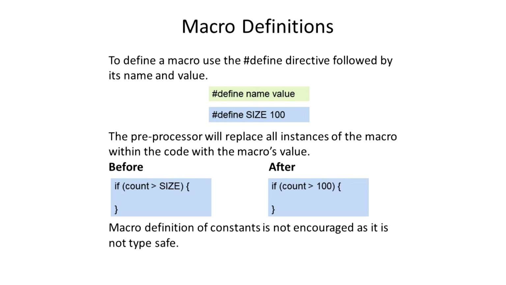This happens after the pre-processing, the processing of the macro, the size being defined, and then once the main code has been compiled. But I should caution you again here in saying that macro definitions of constants are not a good practice, because we don't define the type.